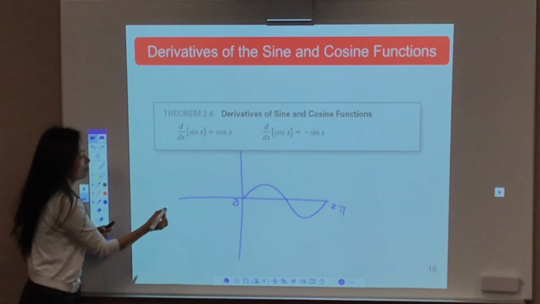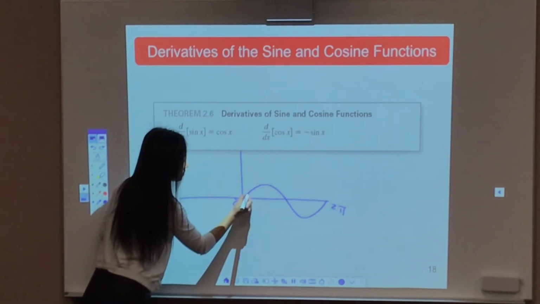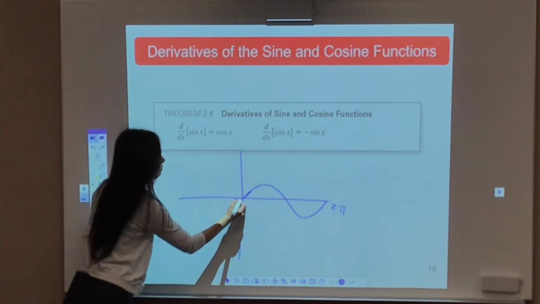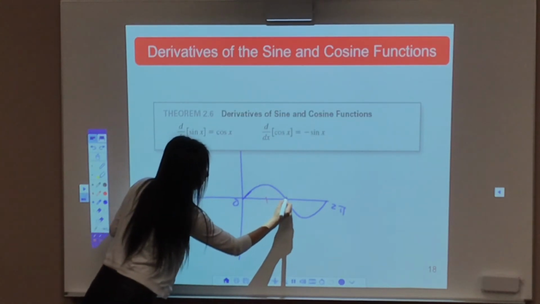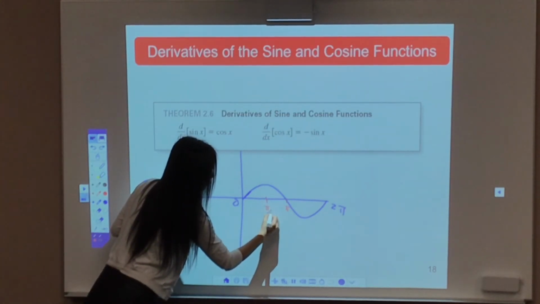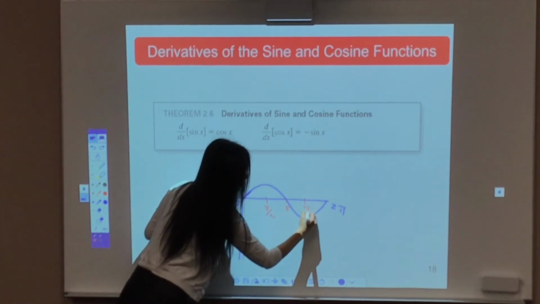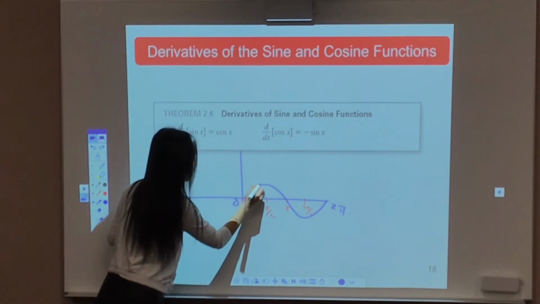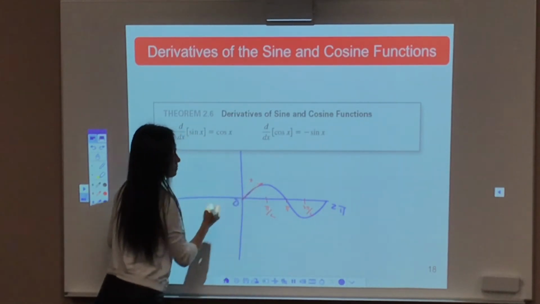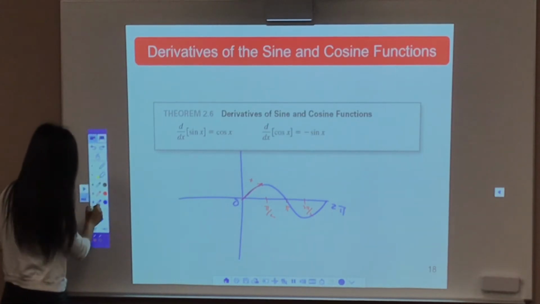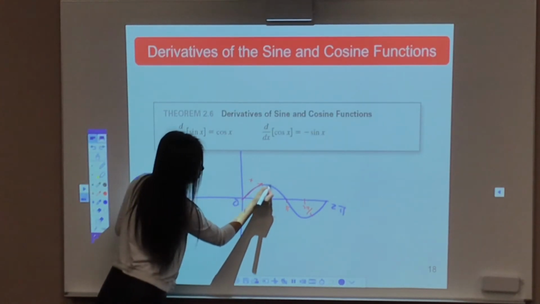Okay, look at this. What is my derivative from here to here? Let me use a different color. What's my derivative going from here to here? Positive. Am I right, class? What's my derivative after pi over 2?